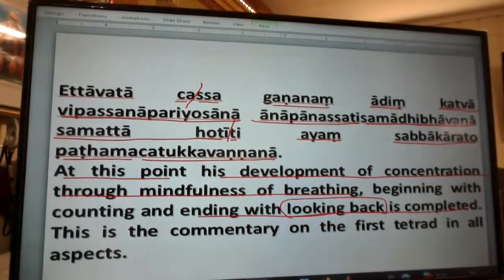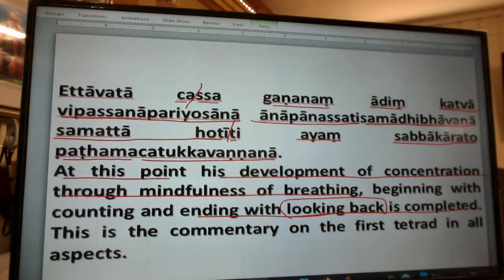This is a commentary on the first tetrad in all aspects. So the first one is like this: the full group. Digham va assasanto, digham assasami ti pajanati; rassam va passasanto, rassam passasami ti pajanati, like this.